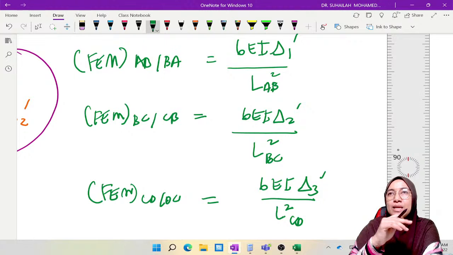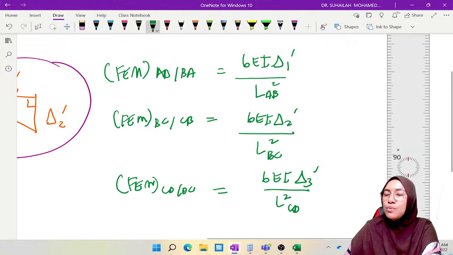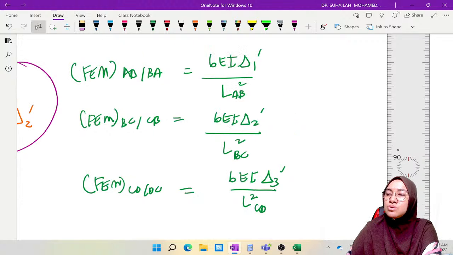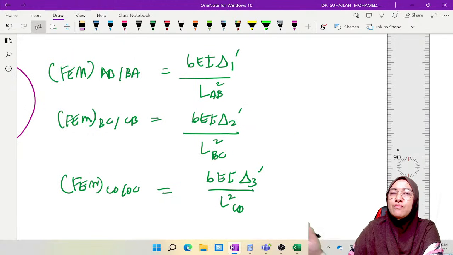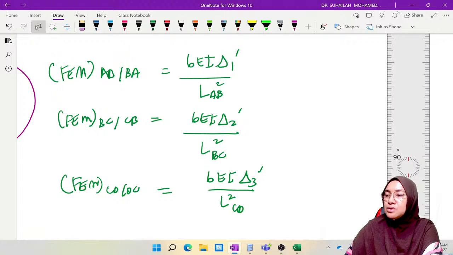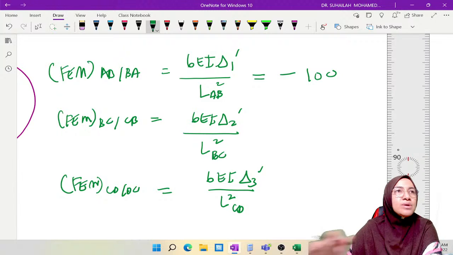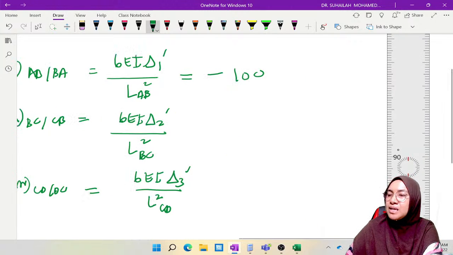Of course, we will assume one FEM. We can choose any member that we want. For example, if we choose to assume FEM for member AB, BA, we assume this as negative 100 kilonewton meter.